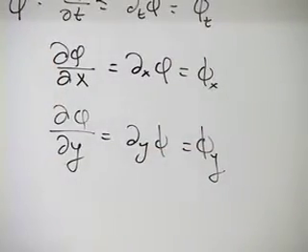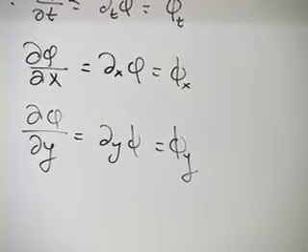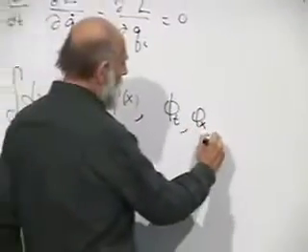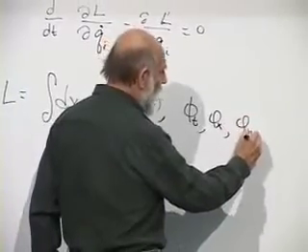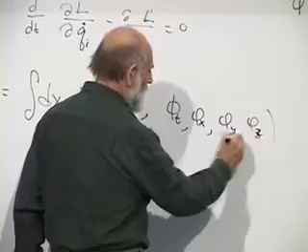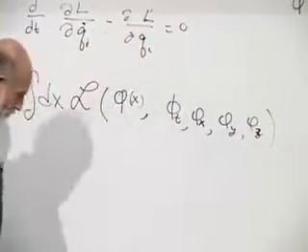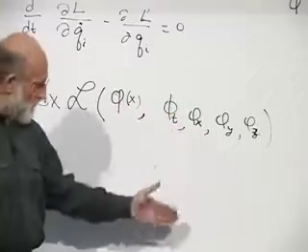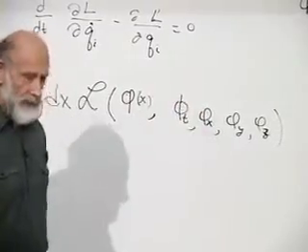So what can appear here is derivatives of phi with respect to t, with respect to x, with respect to y, and with respect to z. All of them can appear in the Lagrangian. Notice it's kind of symmetric between t, x, y, and z.